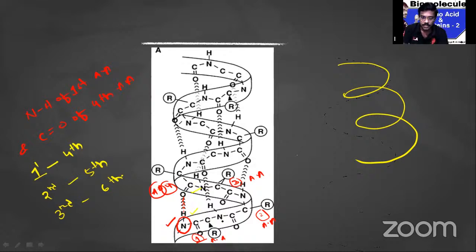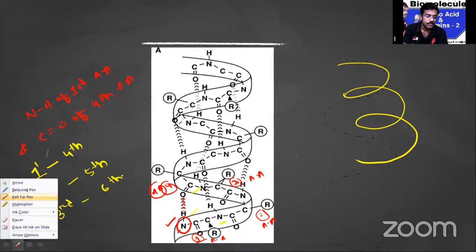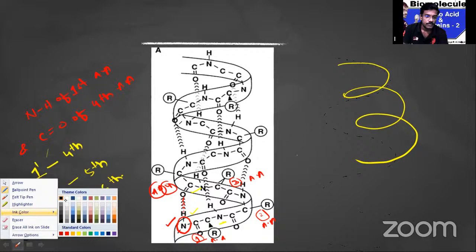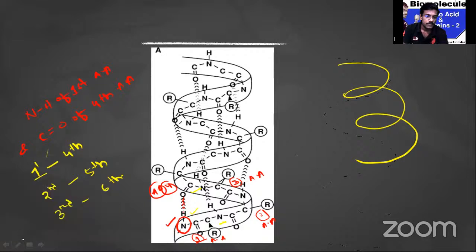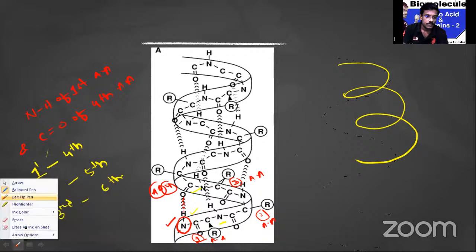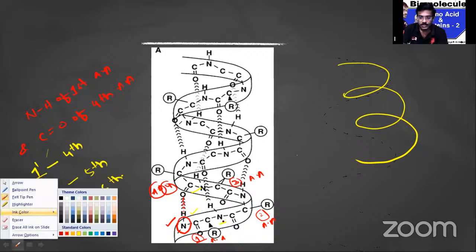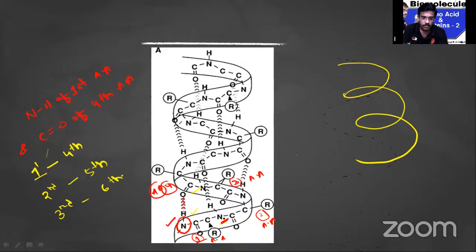Let's see here. This is the second one. This second NH group is connected with the fifth amino acid.